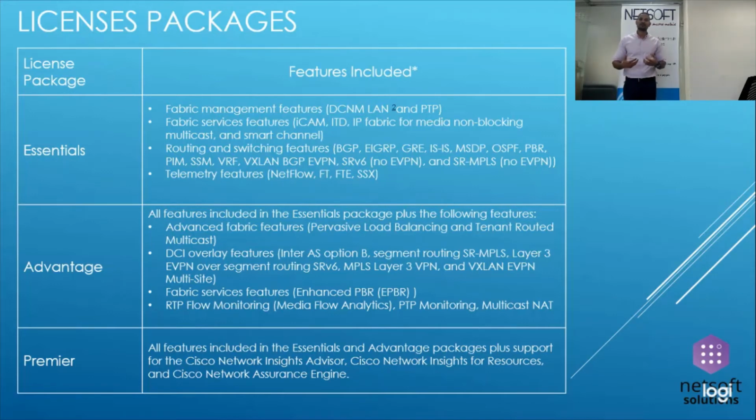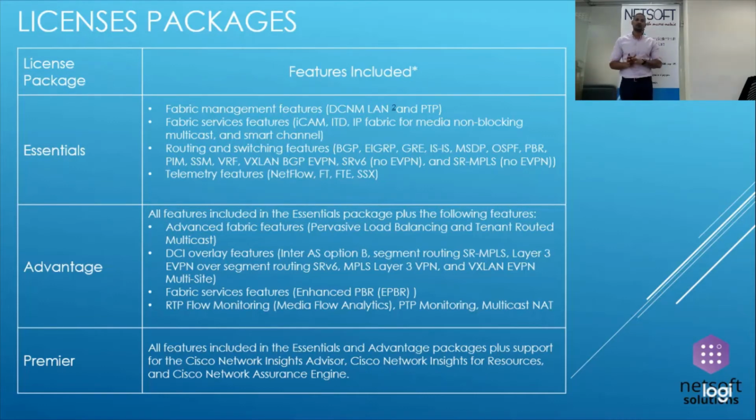So next is resources. Network Insight Resources will give all the information about the resources, such as how much your memory is utilized, how much your RAM is utilized, what is the temperature of your system, and what are the different logs you have used. All these features will be given by your Network Insight Resources.